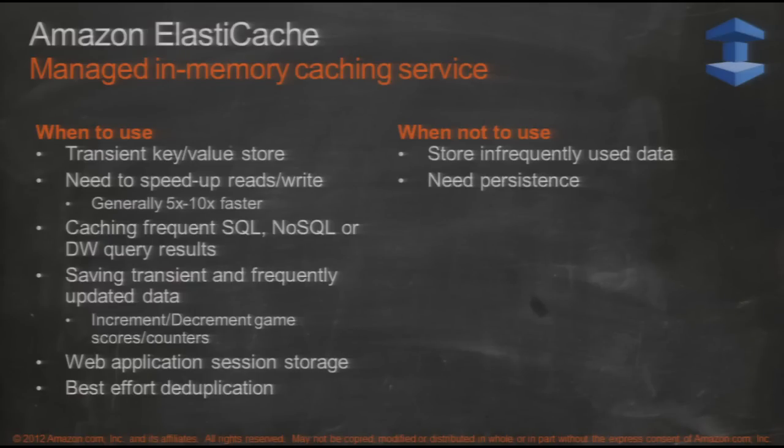So let's take ElastiCache. For people who don't know this, it's a managed in-memory caching service. It's Memcached compliant, which means all your existing code that uses Memcached can use the ElastiCache service. The primary thing that comes to my mind when I'm thinking about cache is a millisecond or 500 microseconds, right?